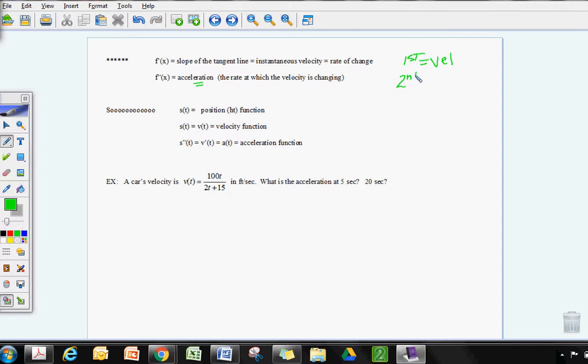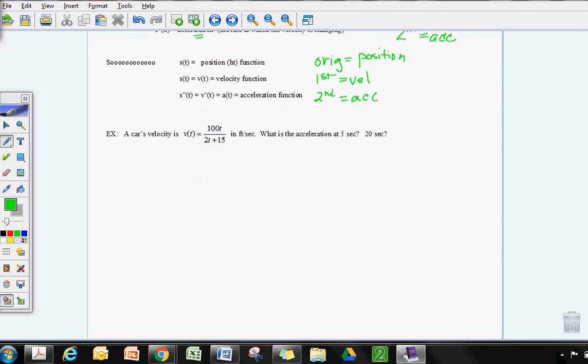So that is some new definitions that you guys need to know. So the original is going to be my position. The first is going to be my velocity. And the second is going to be acceleration. That's why we're learning higher order derivatives.